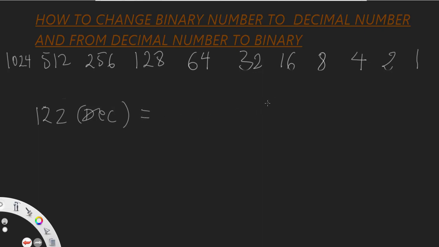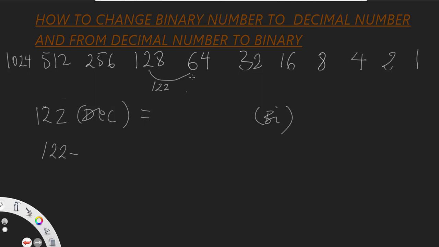Binary numbers, remember, have only 1 and 0. Now look at 122. 122 is between these two numbers. Can you see? It is less than 128.